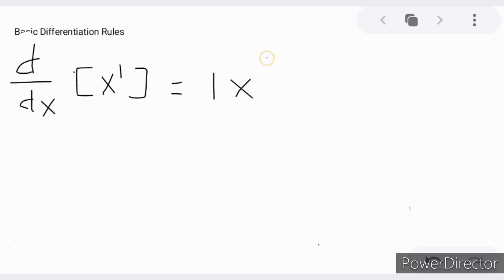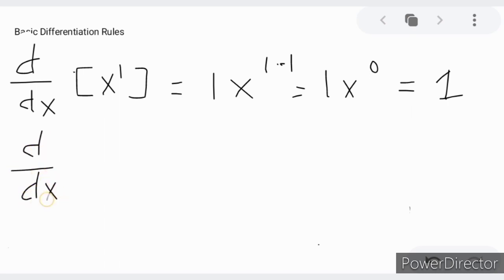So the derivative of x is 1 times x raised to 1 minus 1, or 1 times x raised to 0. Any number or variable that is raised to 0 is equal to 1. So 1 times 1 is 1.